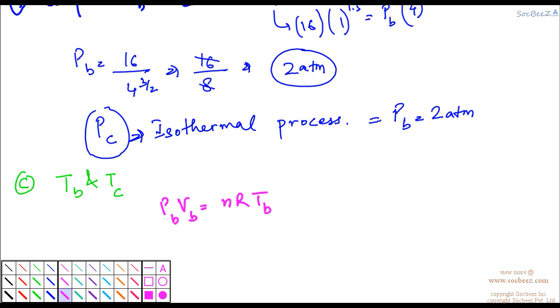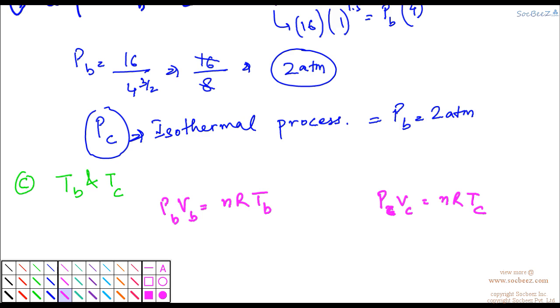Now the moles of the gas you don't know, first of all, and that you need to find. Or at the second state you have PC VC equals nR TC. So this is the scenario at two positions, right?